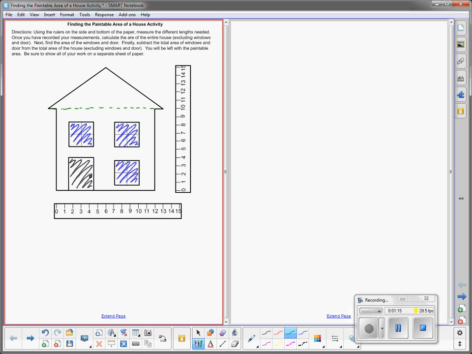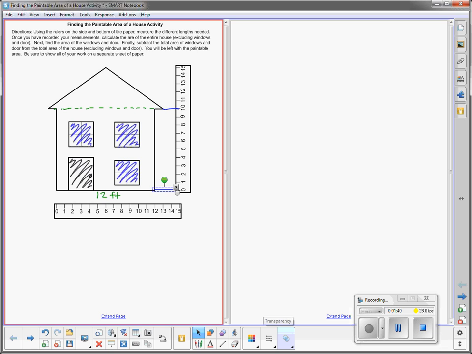So to find how wide or how long the house is, I use the ruler and I realize that it is 12, and we're going to talk about feet. We're going to use these as feet. So it is 12 feet wide. Let's see how high the house is from the bottom to the roof line.